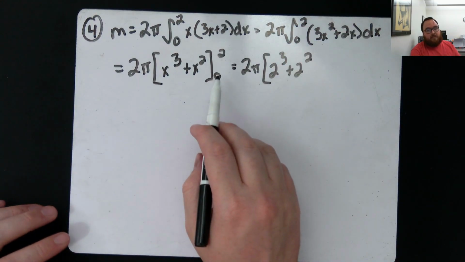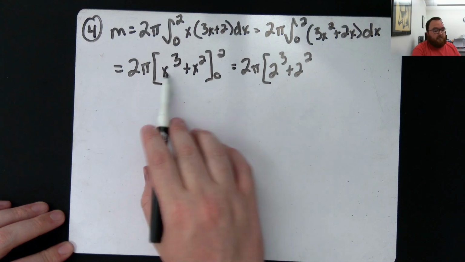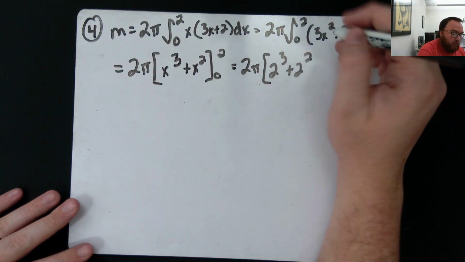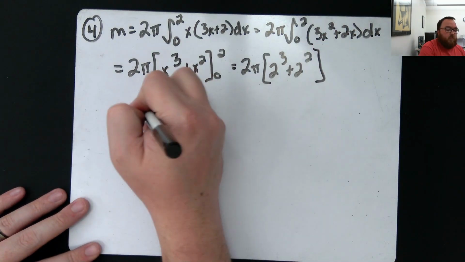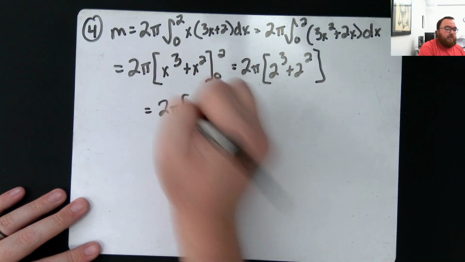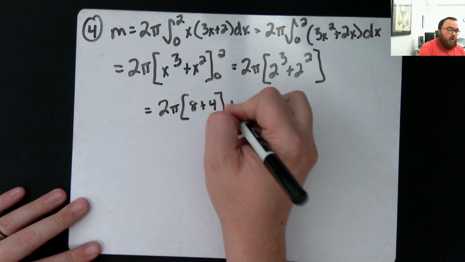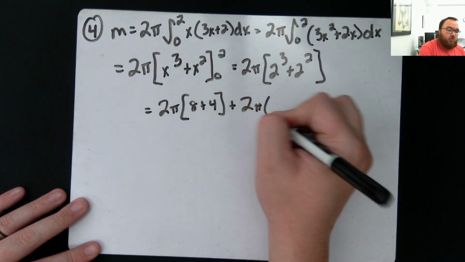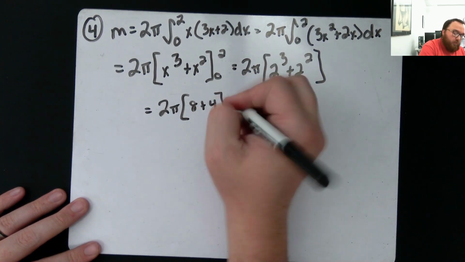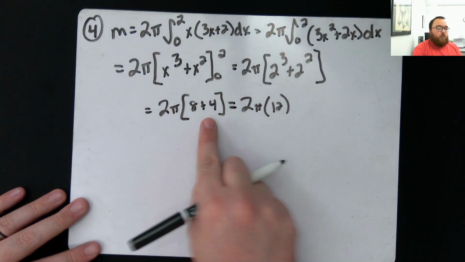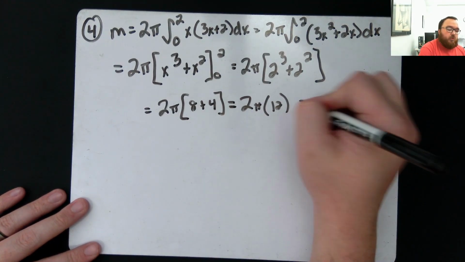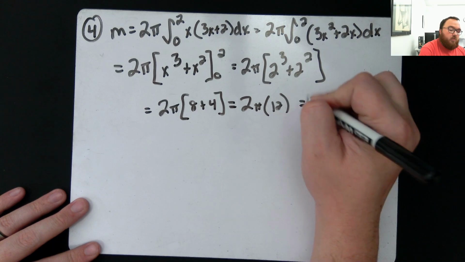If I plugged 0 in, it would just be 0, so I don't even need that. So I get 2 pi times, 2 cubed is 8, 2 squared is 4, 8 plus 4 is 12, 12 times 2 is 24. So 24 pi.